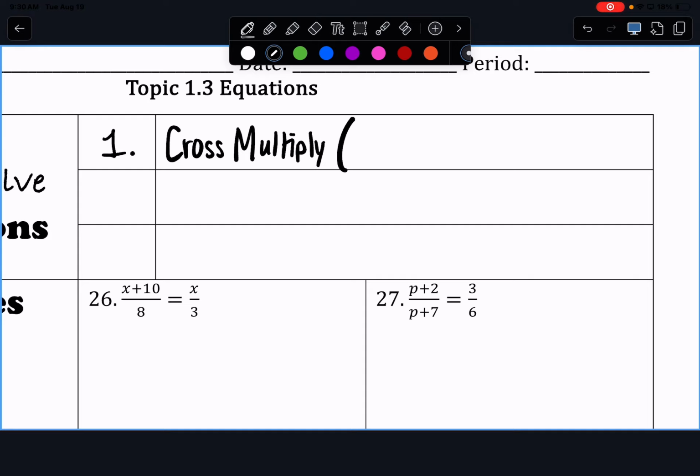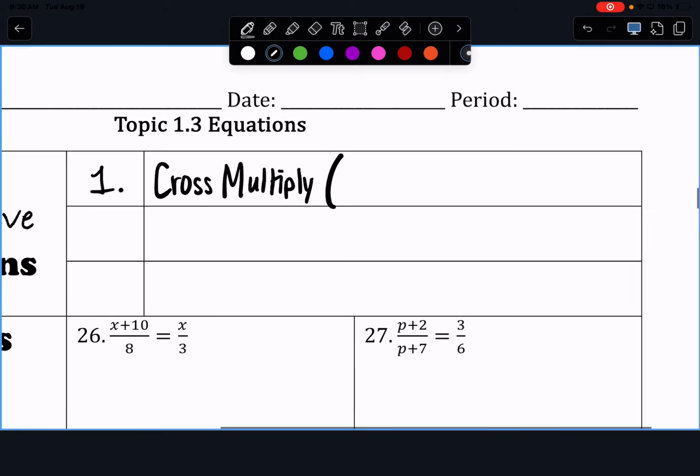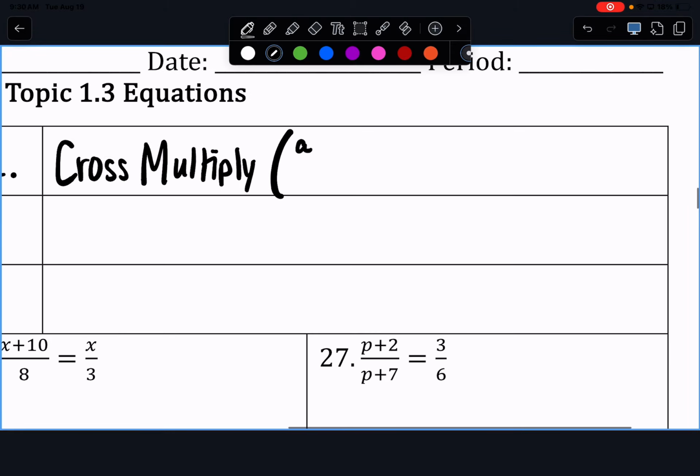When we cross multiply, we have a problem like A over B is equal to C over D. So when we cross multiply, what we are doing is multiplying A and D to get AD, and that will equal CB, or BC.